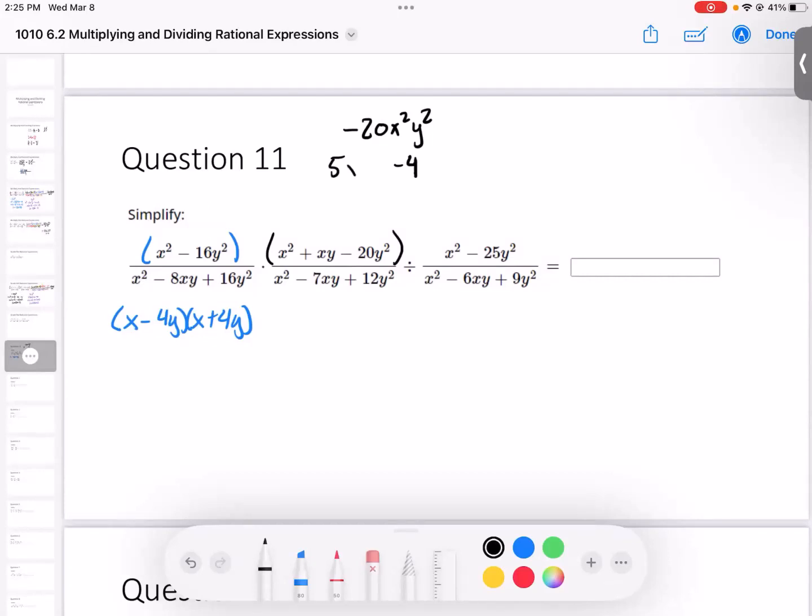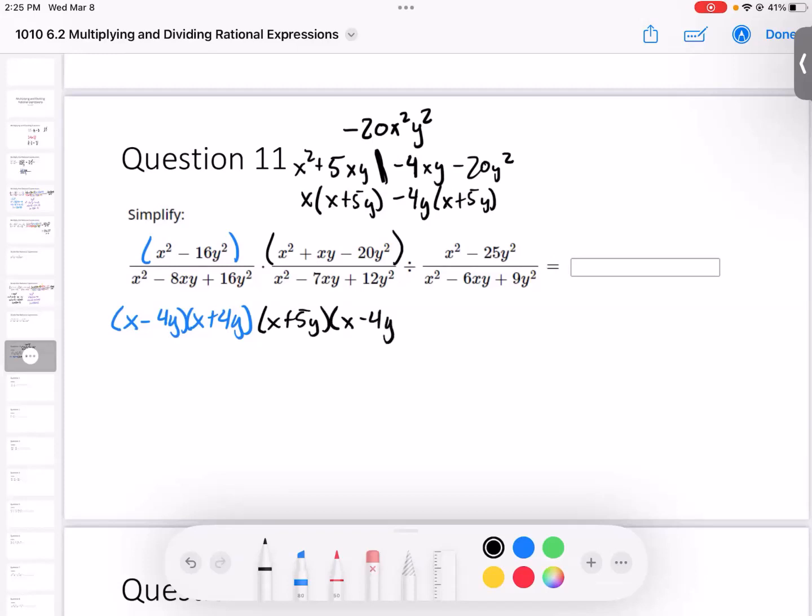And then the letters would be xy and xy, because those will multiply to be x squared y squared, and they'll add together to positive xy. So then I get x squared plus that minus 20y squared. Split it into two groups. You have an x in common, and then you get x plus 5y. The second one has a negative 4y in common, and so you get x plus 5y there as well. And so that polynomial will factor to be x plus 5y times x minus 4y.